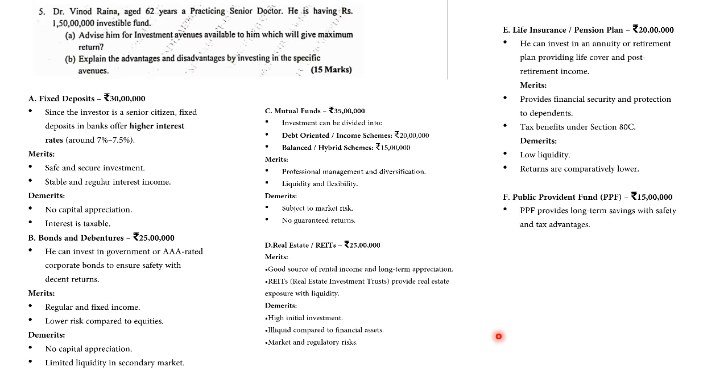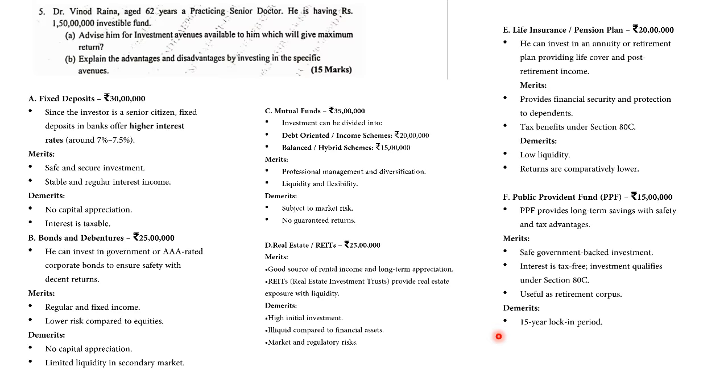They provide long-term savings, safety and tax benefit. Advantages are that it is a safe government-backed investment, tax-free interest, and under section 80C you can get the deductions. Useful as retirement corpus. Demerits: 15-year lock-in period and partial withdrawal only after some years. Okay, so these are all the various investment avenues, their meaning and their merits and demerits.